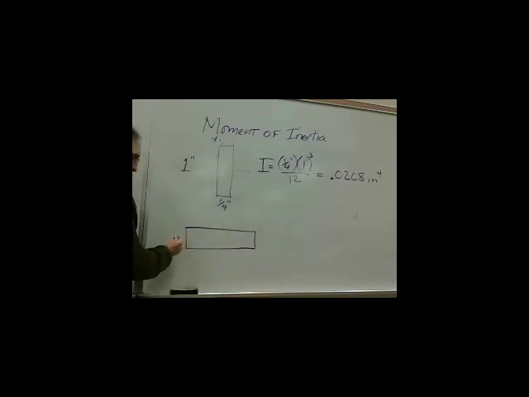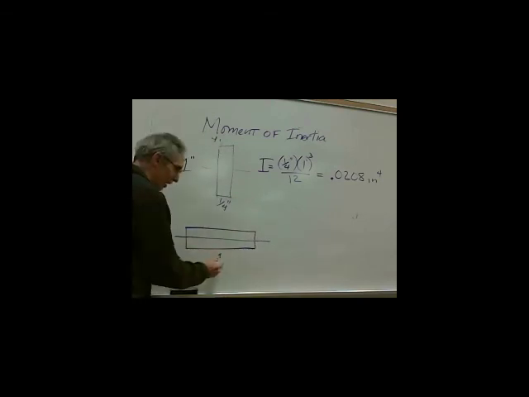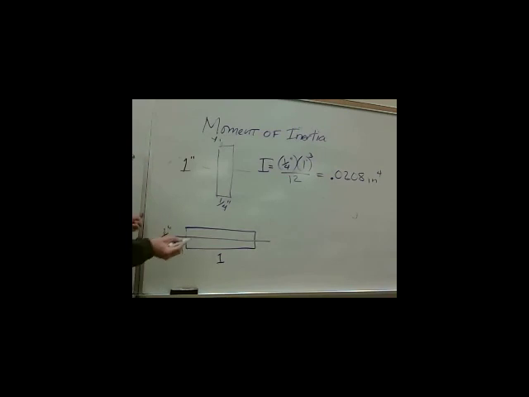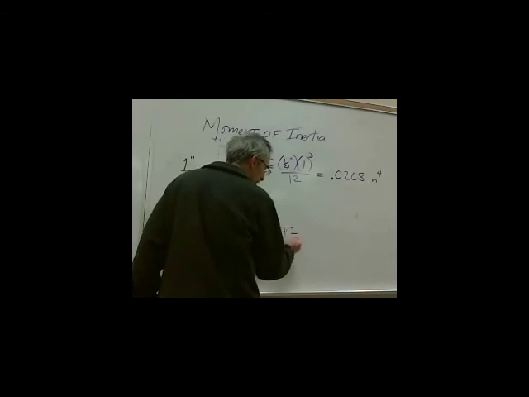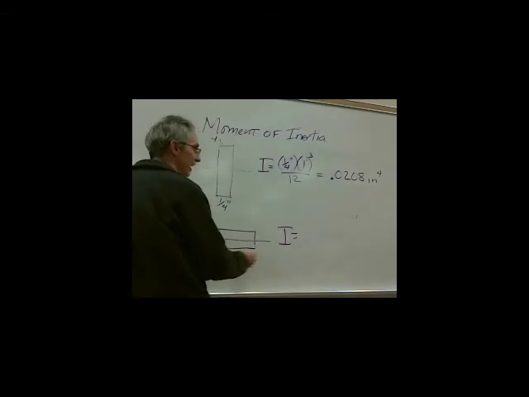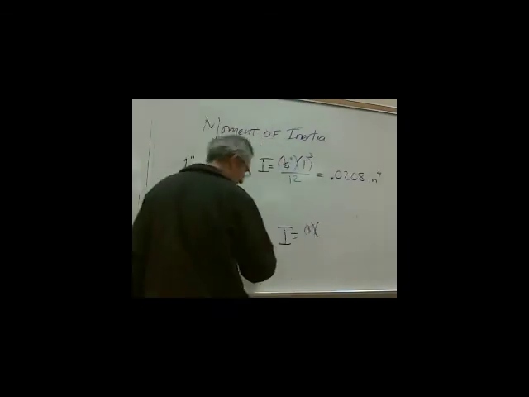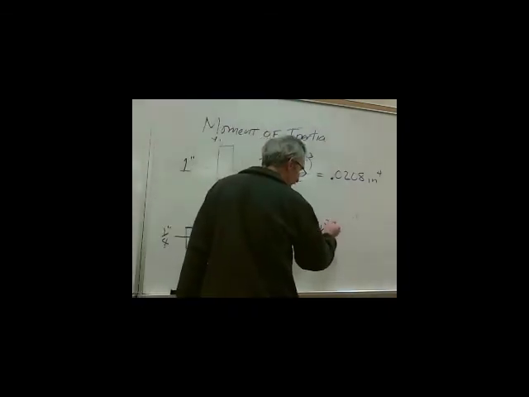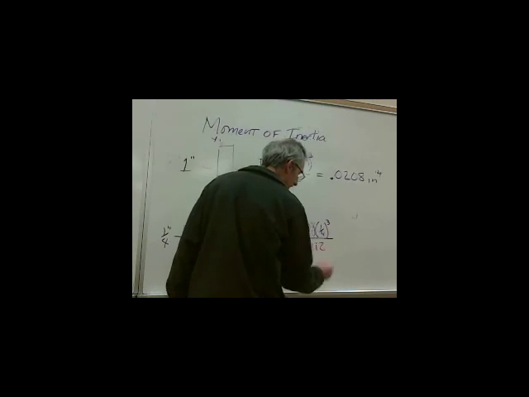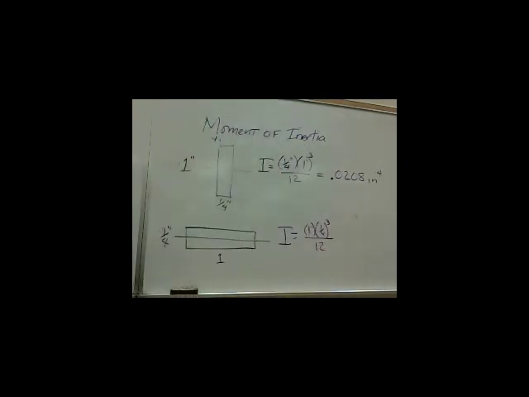Let's say what would happen when I oriented the yardstick like this? I still have my 1 inch side, right? Still have my 1/4 inch side. It was the same piece, the same yardstick, right? What's my moment of inertia when I do this? Well, what's the base now? 1 inch. What's the height? 1/4 inch. I got to cube that 1/4 inch. Now I got to divide it by 12. So take 1 times 0.25 raised to the 3rd power divided by 12.